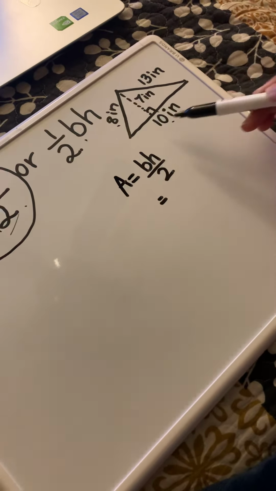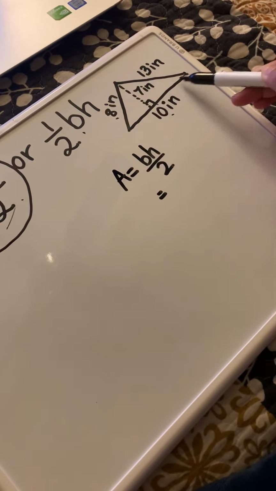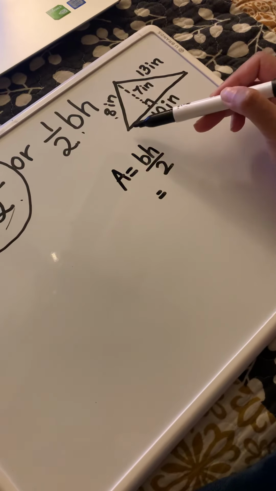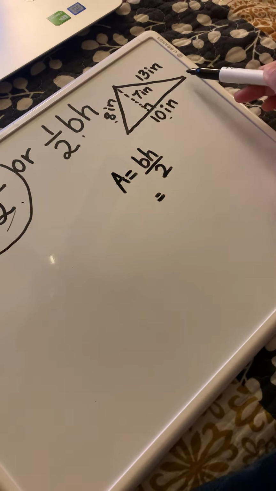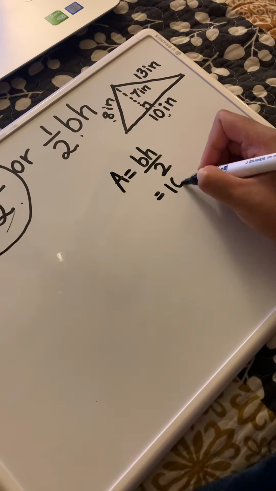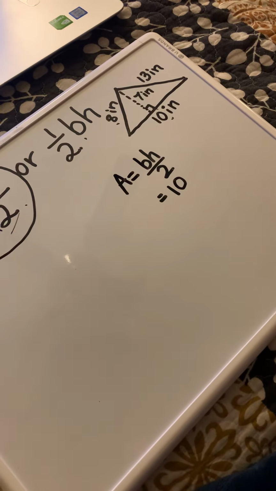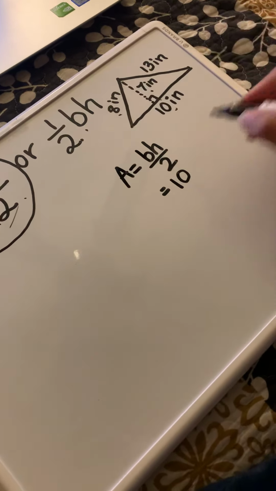That square tells me what the base and the height are. At the intersection there's the 90-degree angle, and the 2 lines that form it are your base and height. In this case, the base is 10 inches, so I'm going to replace B with 10, and the height is 7 inches.